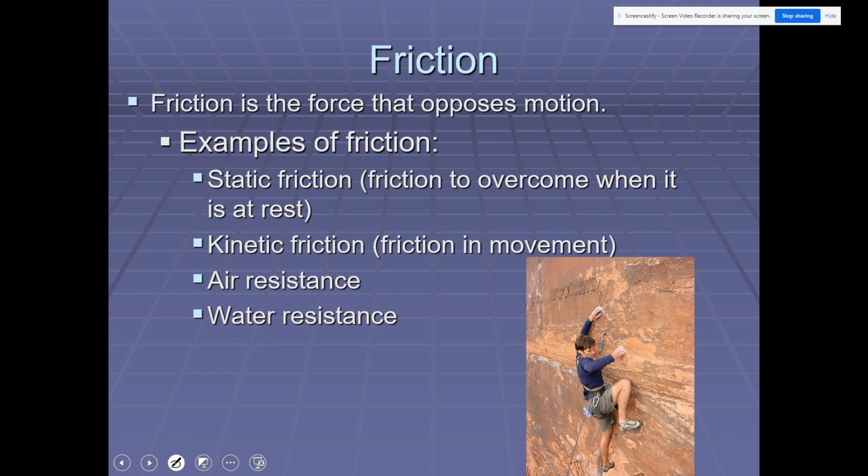Once you overcome that static friction and get something in motion, that static friction disappears. And then you've got this thing called kinetic friction, and that opposes motion in movement. So air resistance, water resistance, those are examples of kinetic friction. And if the air is very, very thin, sometimes we just ignore it, but not all the time.